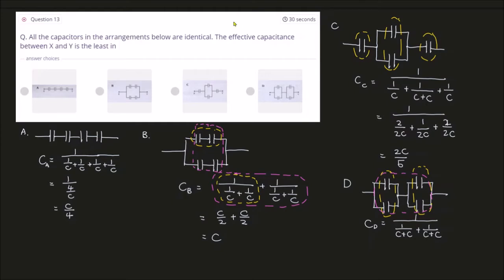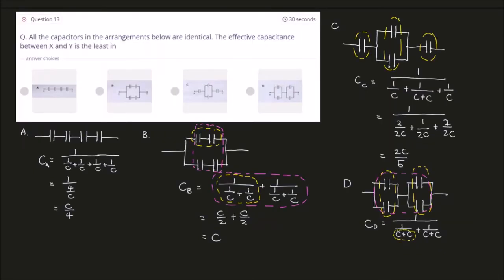The C plus C represents connecting two capacitors in parallel, like what I've labeled in dashed yellow lines. Once I've found it for this part and this part, I combine them in series using the 1 over C plus 1 over C idea. If you do it slowly, you'll find out it's the same thing. I hope you can try to figure it out.